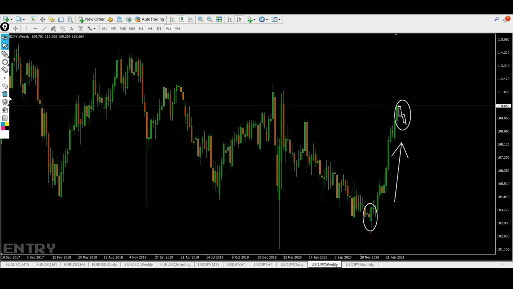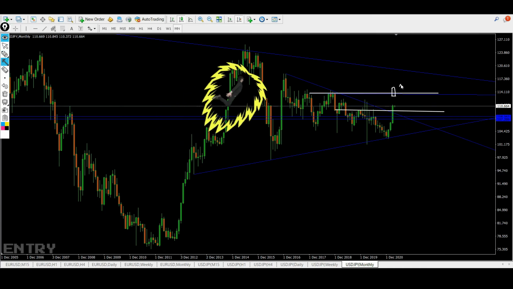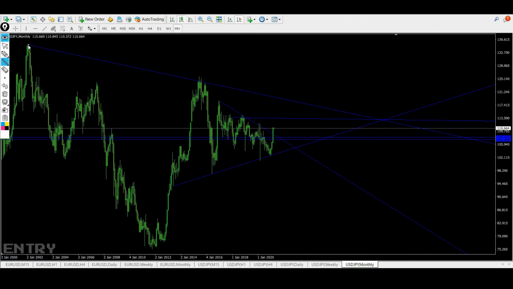All right, now there's one more thing I do want to add. Let's go back to the monthly chart. Okay, so this range we were talking about from this pivot to this pivot and these general highs right here, if we see price begin to close above this range, then price will then have the possibility of reaching these trend line levels up here. So let me show you how this trend line is drawn. Okay, let me zoom out here. Okay, so that trend line level is from this pivot right here to this pivot.